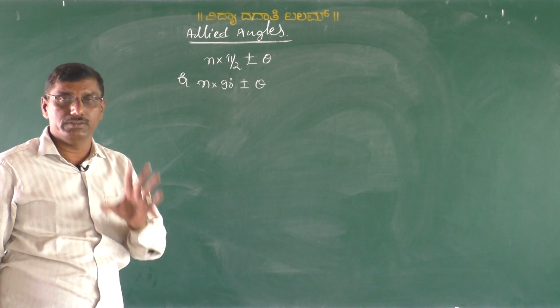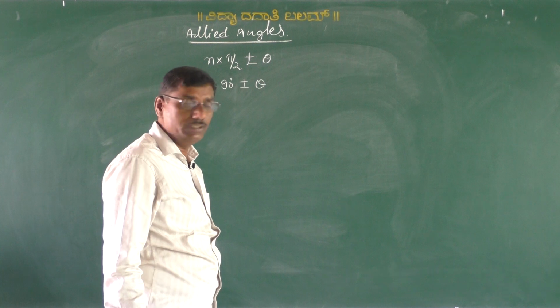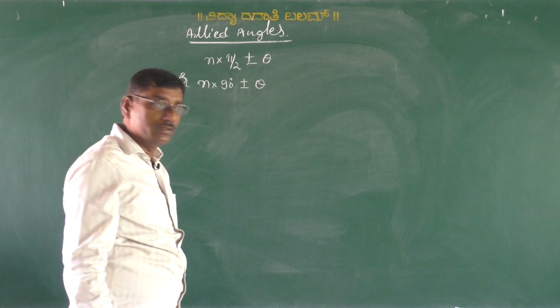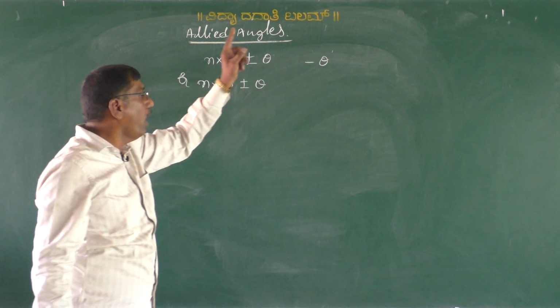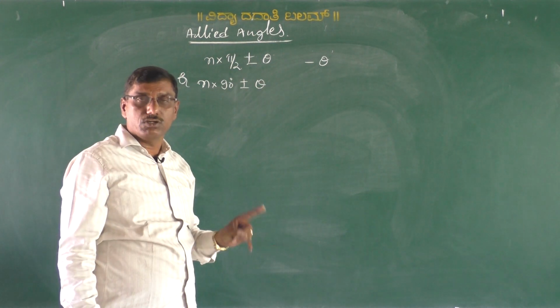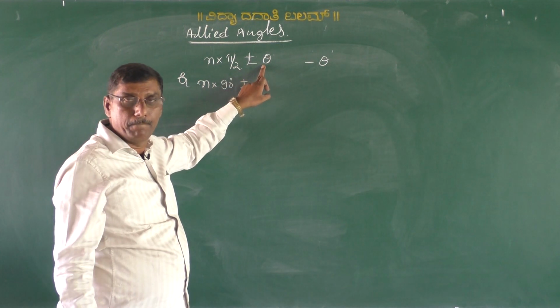Allied angles. For example, my dear students, if I consider theta, then minus theta is called an allied angle of theta.